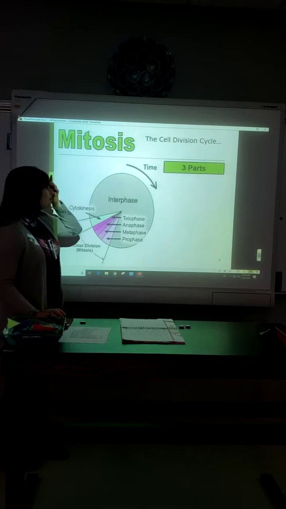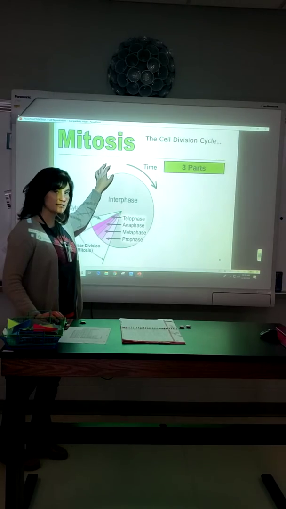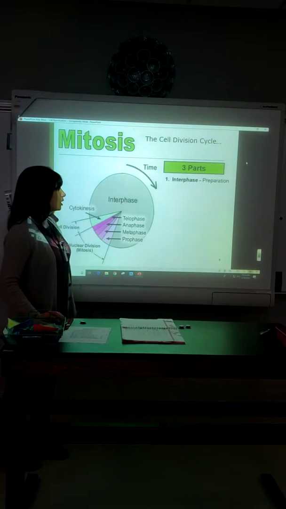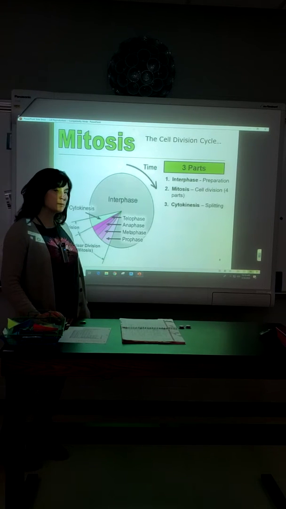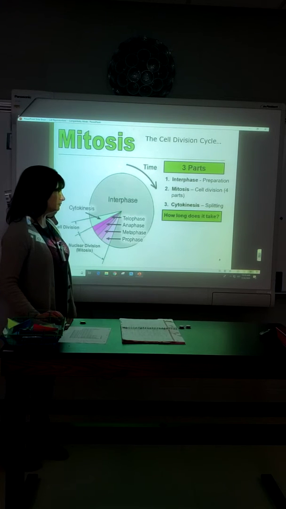All of our cells will go through this, except for our sex cells, the gametes. There are 3 parts. Interphase is preparation. Then mitosis is the actual cell division, and it's 4 parts. And then finally, the splitting of the cell as it divides into a new cell.